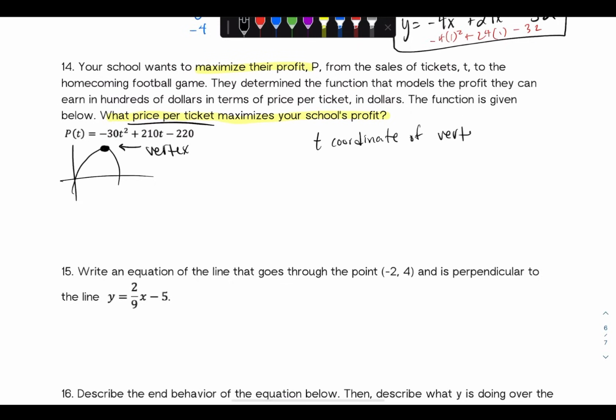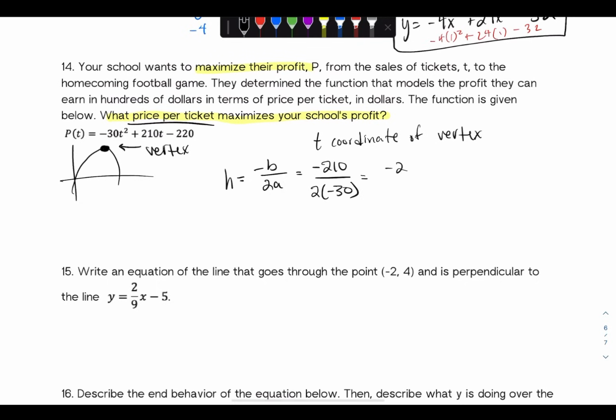So how do I find the h, or the x coordinate, or the t coordinate in this case, of the vertex? Well, if you remember, h has a formula. It's the negative b divided by 2a. My b in this case is 210, so I'll make it negative, divided by 2 times negative 30.